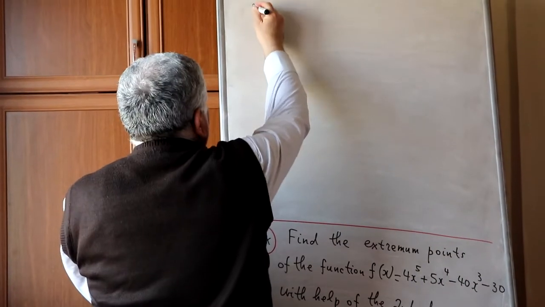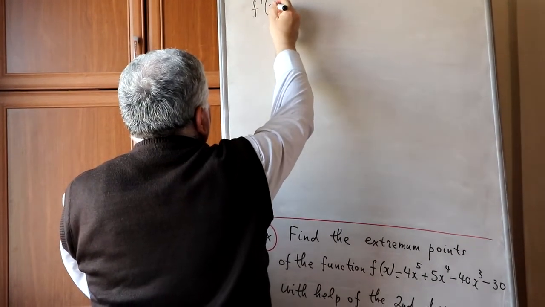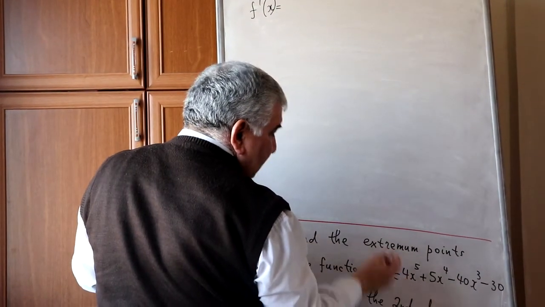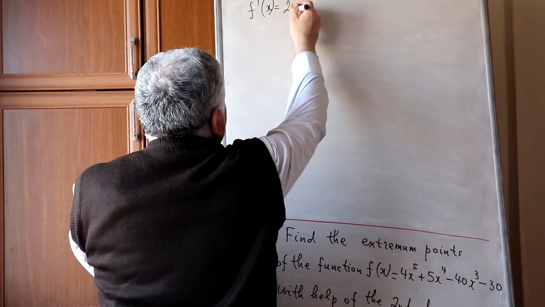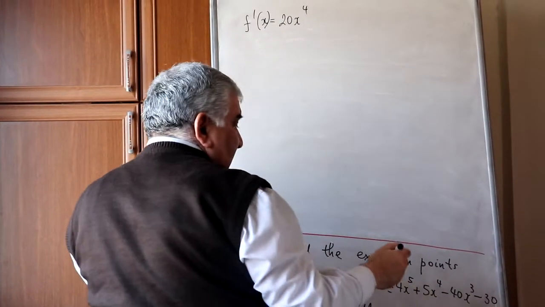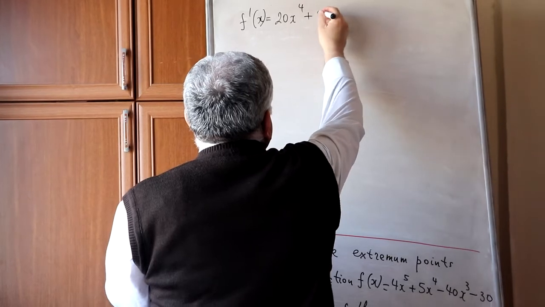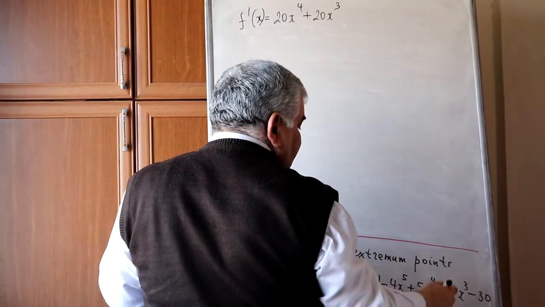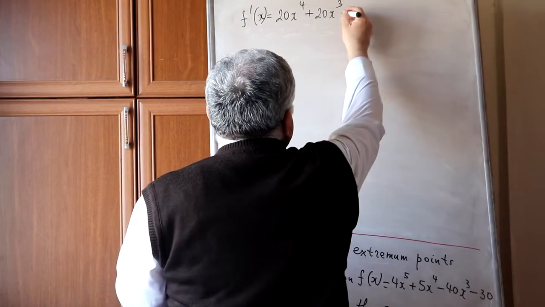F prime of x equals 20x to the fourth plus 20x cubed minus 120x squared.